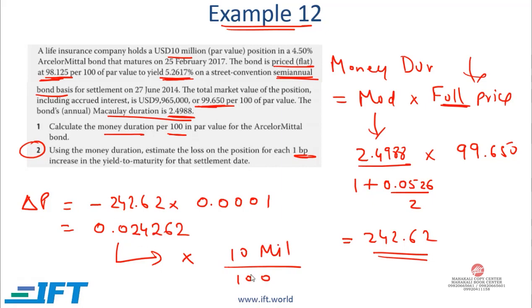And when you do this calculation, what you should get is 2,426.20. The interpretation here is that if the interest rate changes by 1 basis point, then the value of the bond will come down by 2,426.